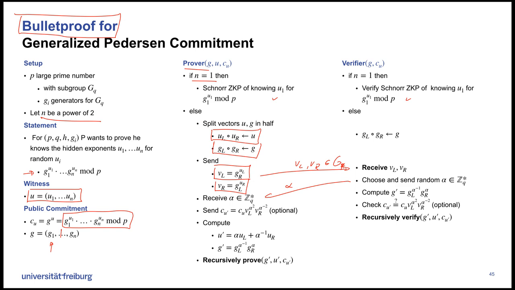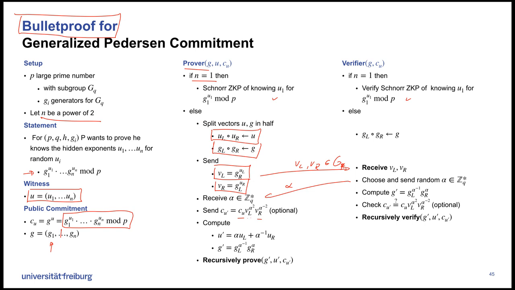And now we do something crazy. We take the first commitment, multiply the left commitment with the right commitment, and take it to the power of alpha squared. And we take the right side and take it to the power of 1 over alpha squared.